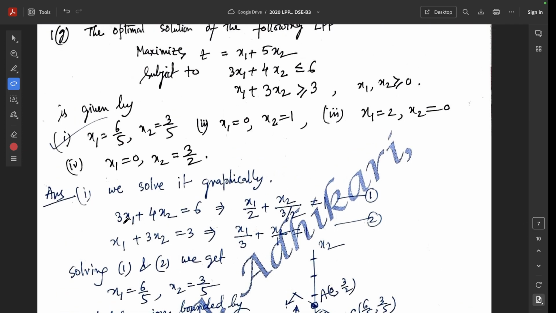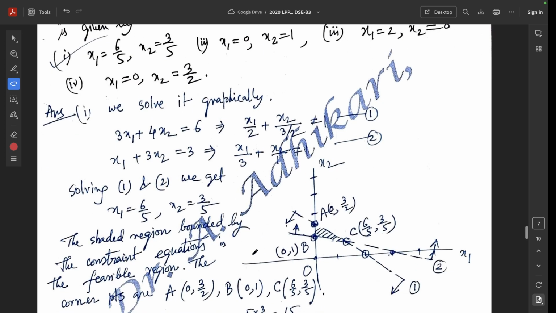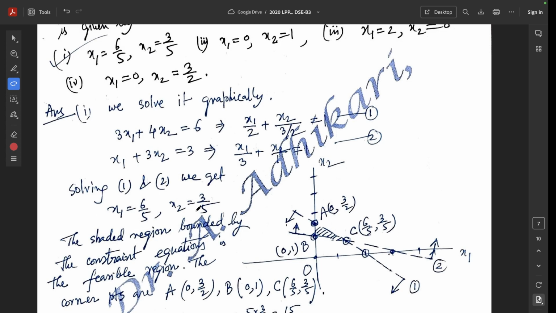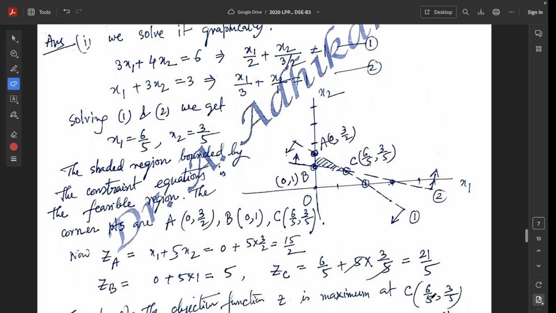We draw the graph of 3x1 plus 4x2 equal to 6 and x1 plus 3x2 equal to 3, and the convex set is given by A, B, C. Solving, point C is 6 by 5 and 3 by 5. The shaded region bounded by the constraint equations is the feasible region, and the corner points, the extreme points, are A, B, and C. Now we find the value of the objective function at these extreme points: ZA equals 15 by 2, ZB equals 5, and ZC equals 21 by 5.